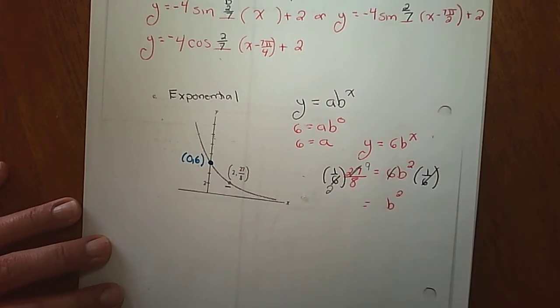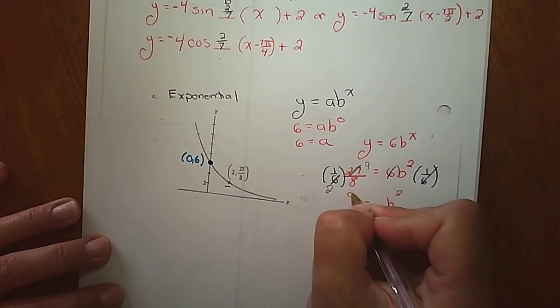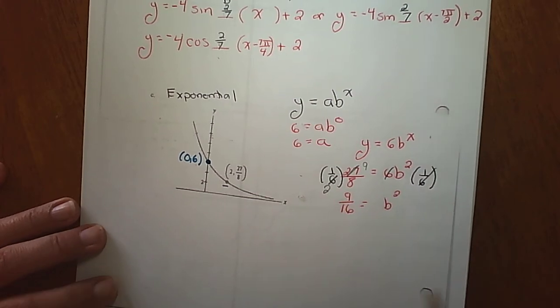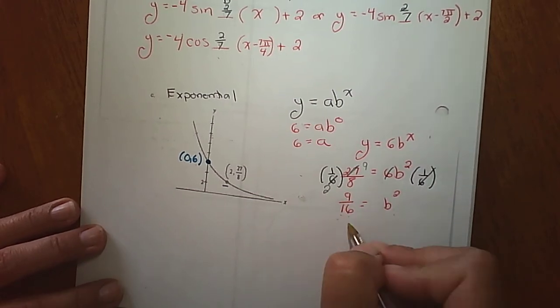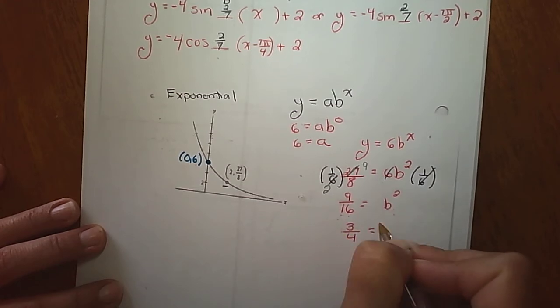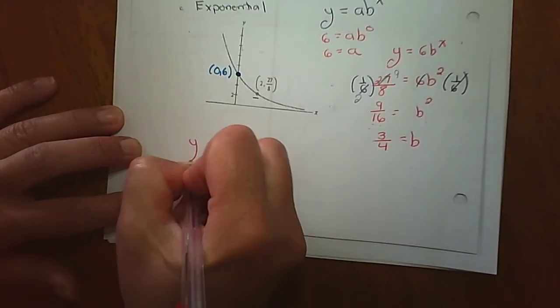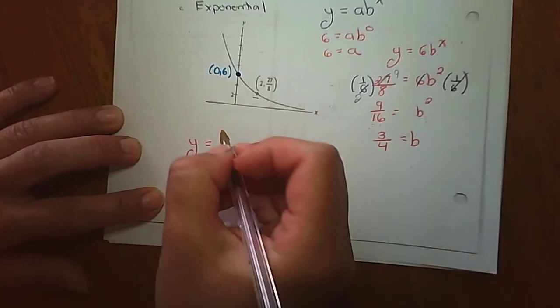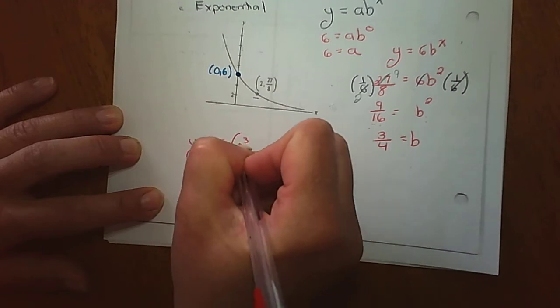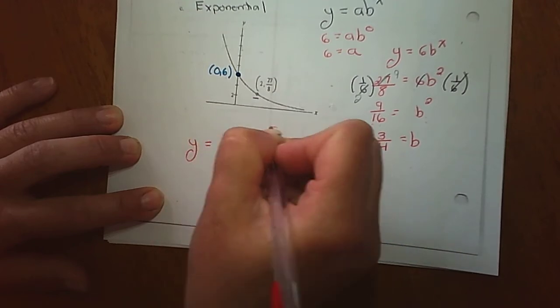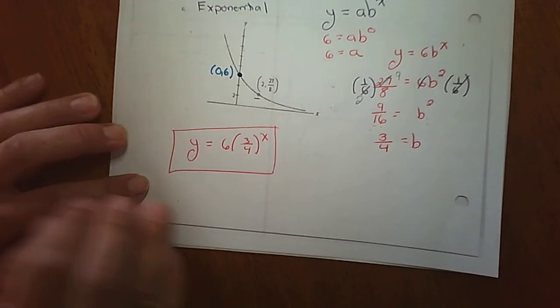That becomes a 9. So I end up with 9 over 16. Take the square root of both sides, right? And that becomes 3/4 equals b. So the equation for this one is y equals a was 6, 3/4 to the x. And that's that one.